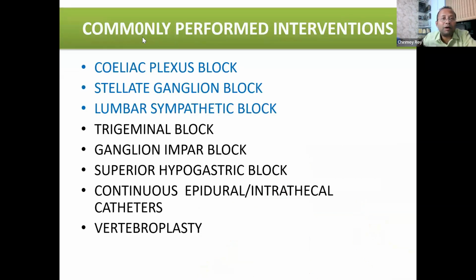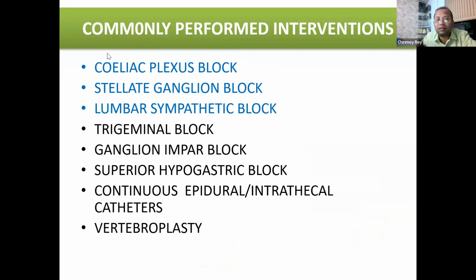Now, commonly performed interventions: remember celiac plexus block, not block, actually neurolysis. Celiac plexus neurolysis. For cancer pain, it is always neurolysis. We do not do it in two sessions, though in some books it is written that first you go for a block, see the effect, and then go for neurolysis. In a cancer patient, we do the neurolysis in one sitting only, and these are very effective blocks.